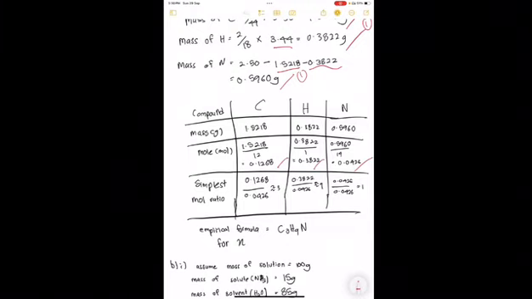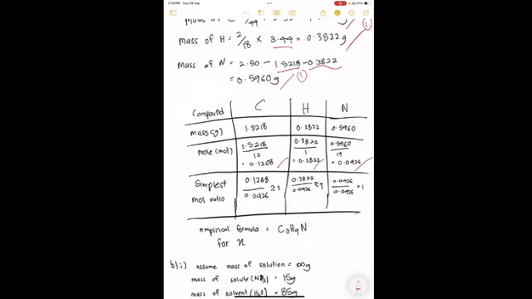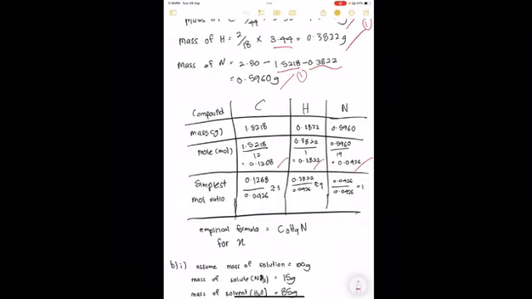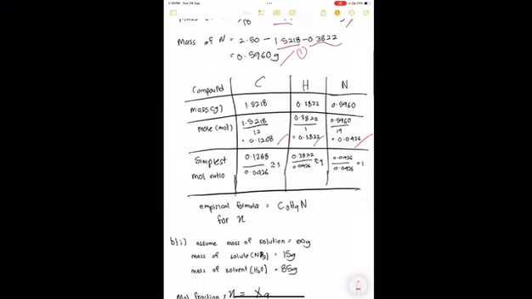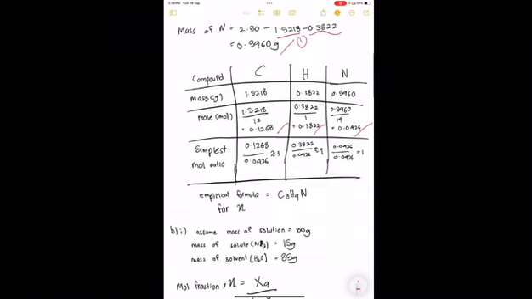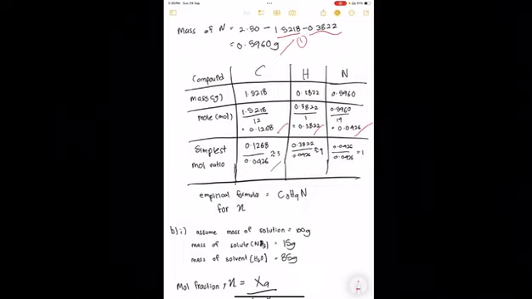Then we will divide the number of mole of all of the elements by it. As we can see here, the smallest number of mole is nitrogen. So we divide all the number of mole of the elements by the nitrogen number of mole. So we get here 3 for carbon, for hydrogen is 9, and for nitrogen 1.